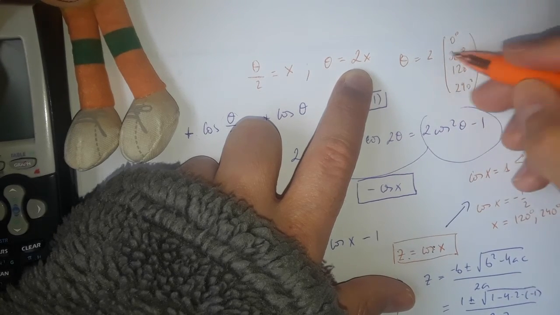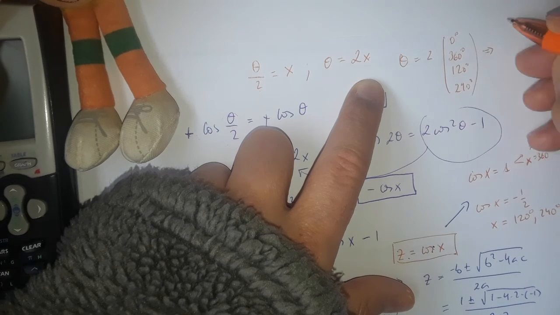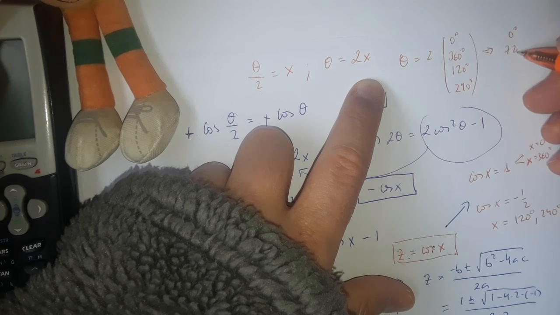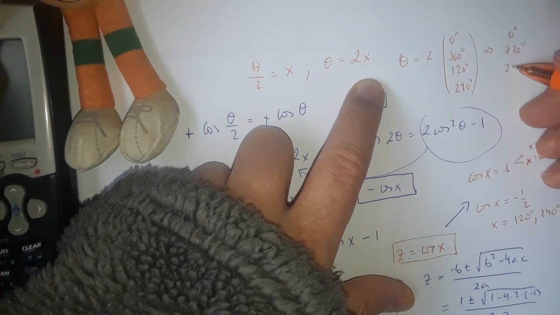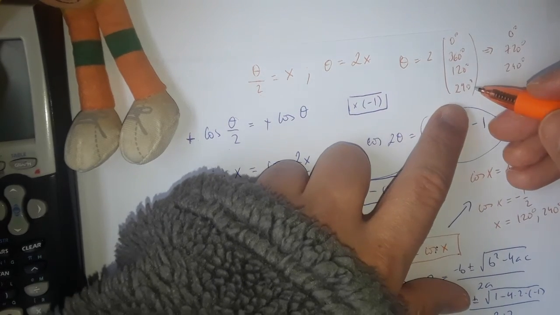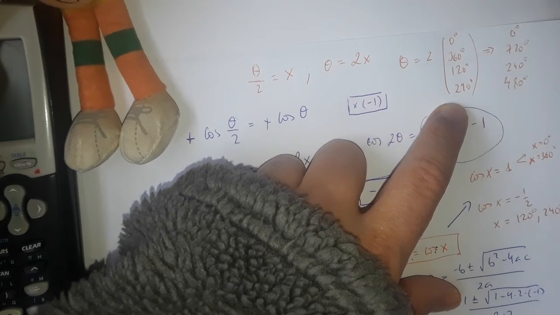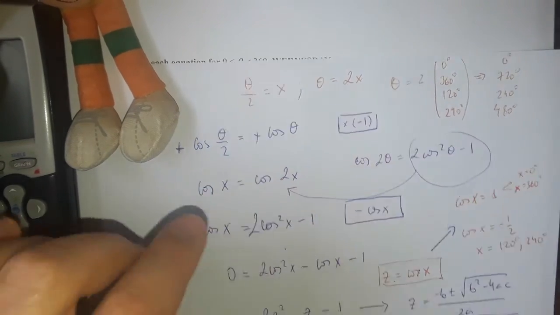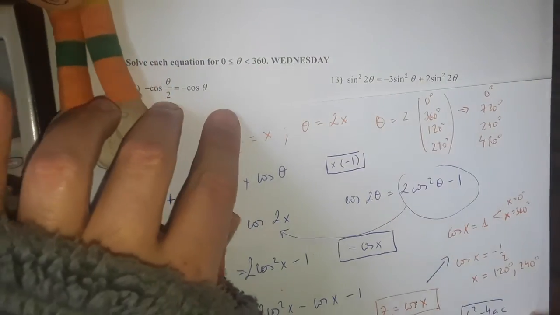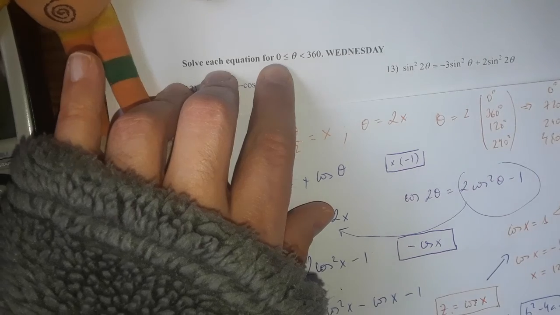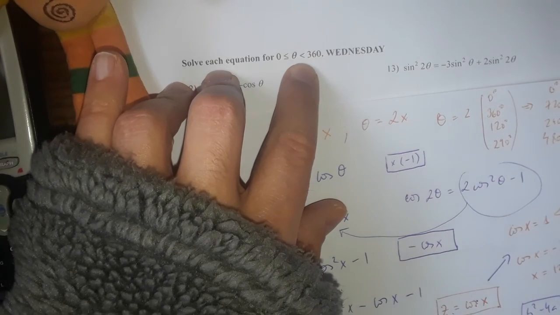And if we multiply all these times 2, what we have is 0, 720, 240, and 480, right?